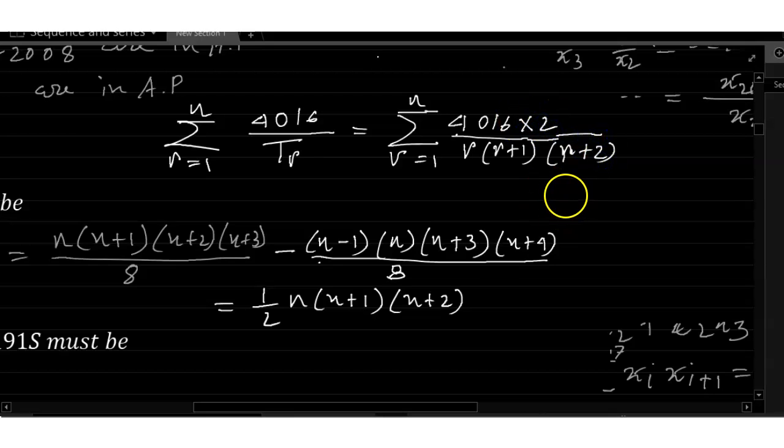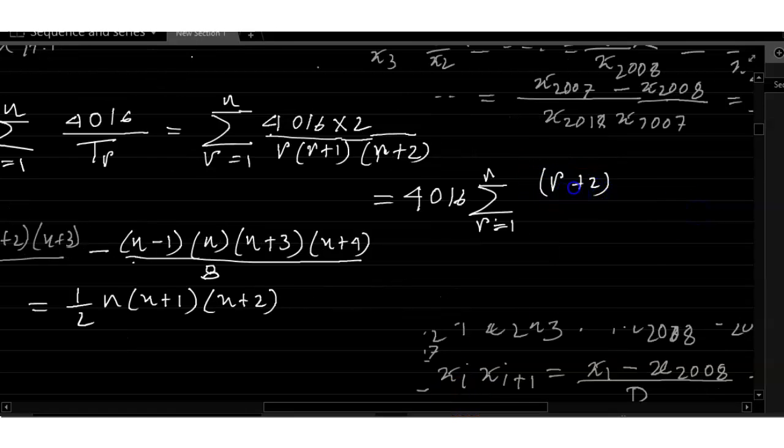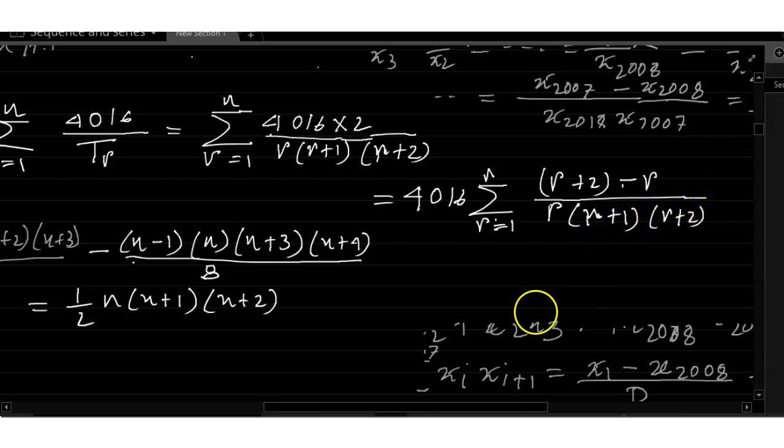This is another problem. It can be written as 4016 summation of (r plus 2 minus r) divided by r into (r plus 1) into (r plus 2).